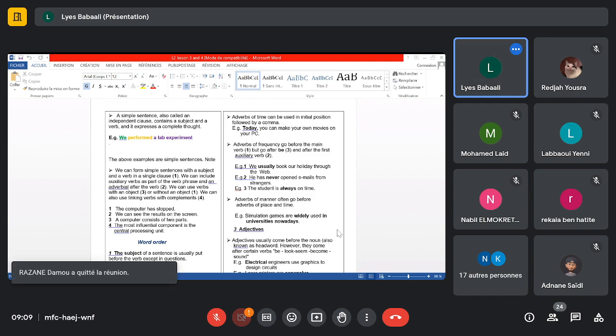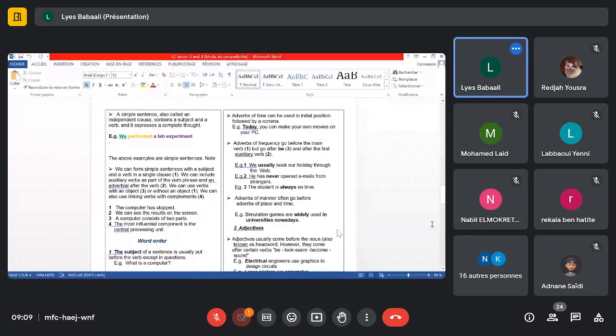So in today's lesson, we will talk about simple sentences. What are simple sentences? A simple sentence is also called an independent clause. It contains only a subject and a verb, and then a complement.